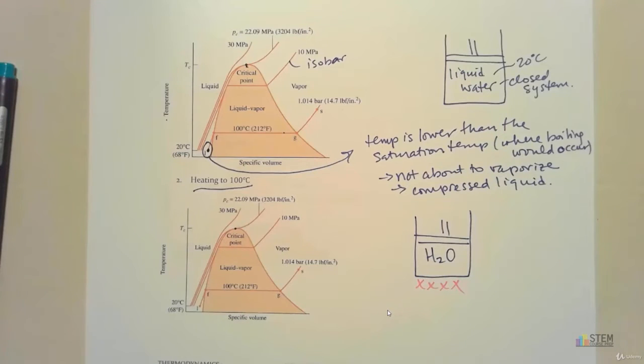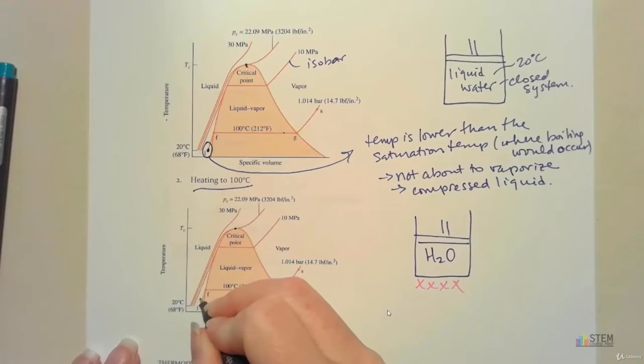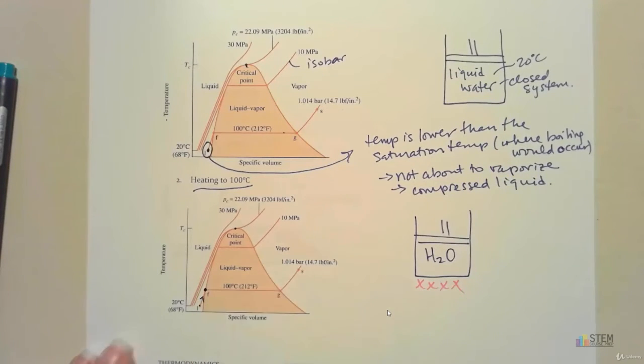Okay, so the temperature is going to go up. Temperature is going to rise up to 100 degrees Celsius. So what we're doing is we're going to move our dot from point 1, we're going to move it up to this point F. All right, so that's where we're going. We're going to go up to point F right where it hits 100 degrees Celsius.